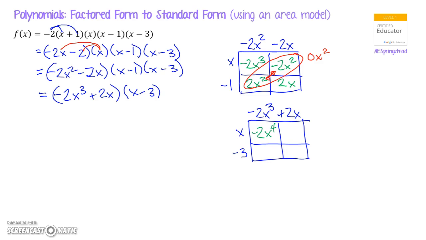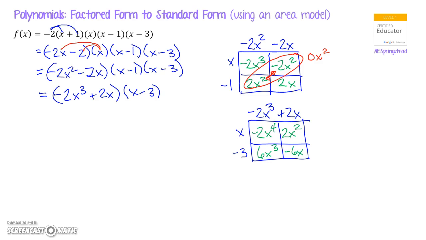The second box over here on the right, x times 2x is 2x squared. Down below, -2x cubed times -3 will be +6x cubed. And then the last box, -3 times 2x is -6x.